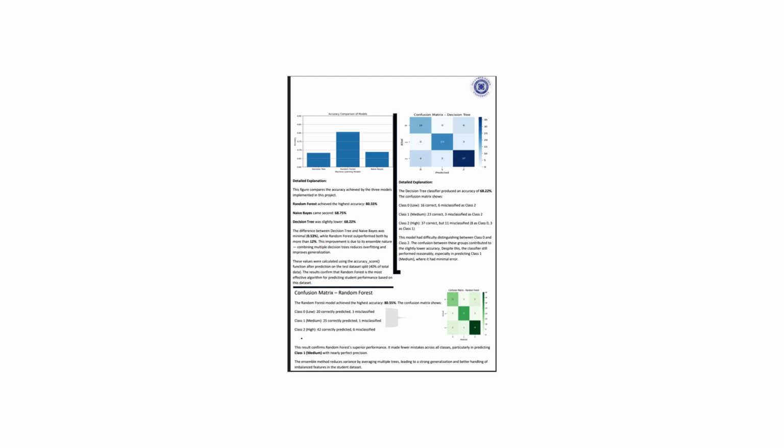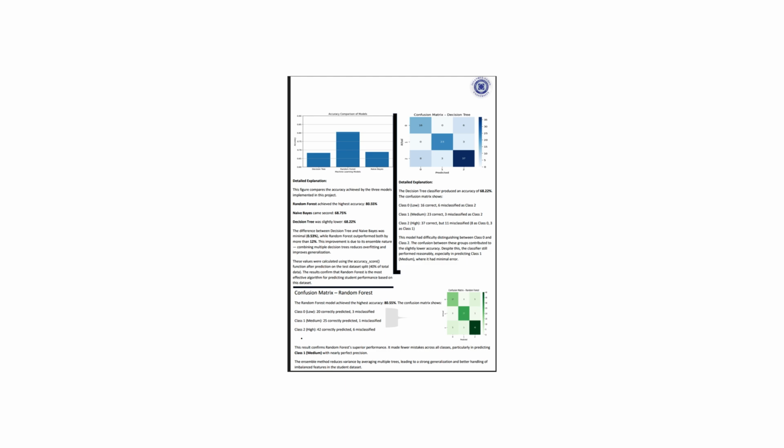This page shows the comparison between the three models I use. As we see in the chart, random forest gives the best accuracy, which is 90.55. Naive Bayes came second, and decision tree was close behind. The confusion matrix on the right shows the decision tree had trouble mostly between class 0 and class 2, but it predicts class 1 very well with almost no error.